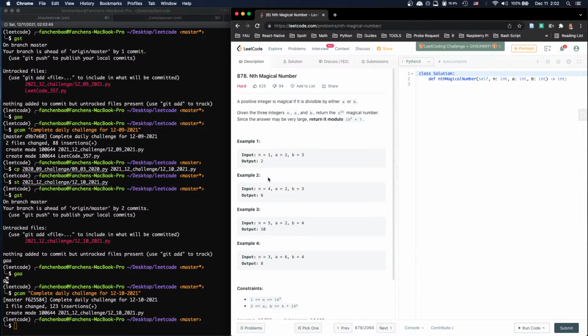Okay, to summarize, this method is: we will obtain the value times n, right? We'll obtain the upper bound. But the question is, we have to return the result modulo 10 to the 9.